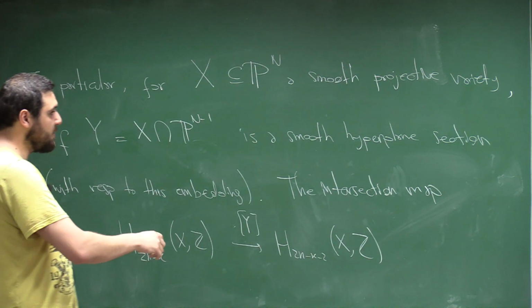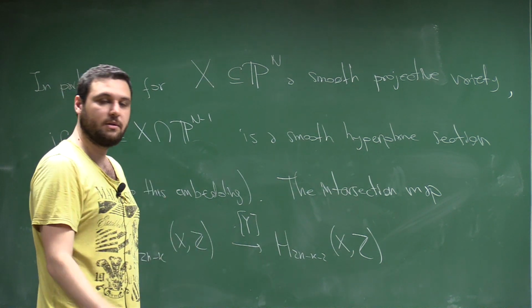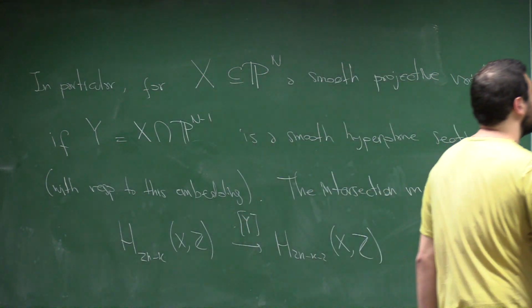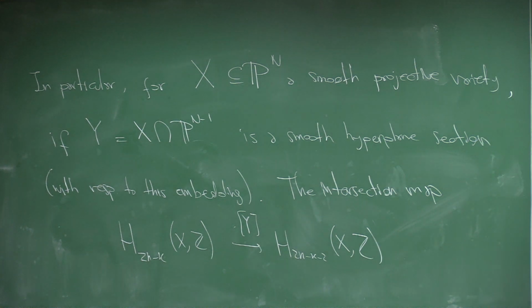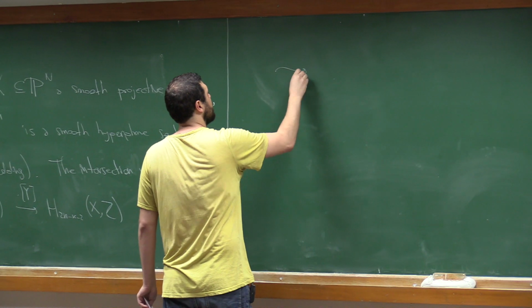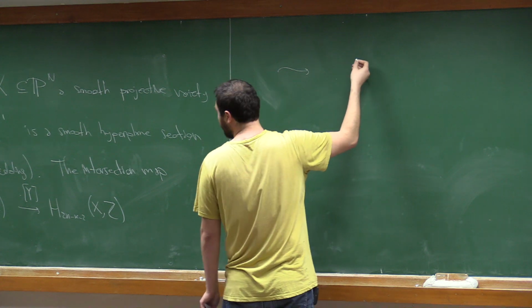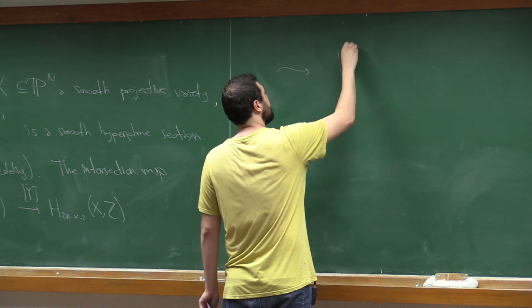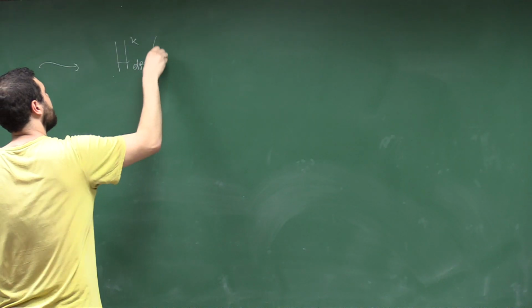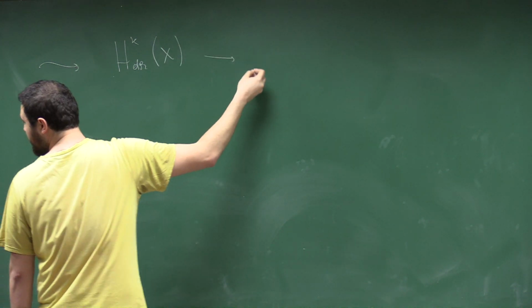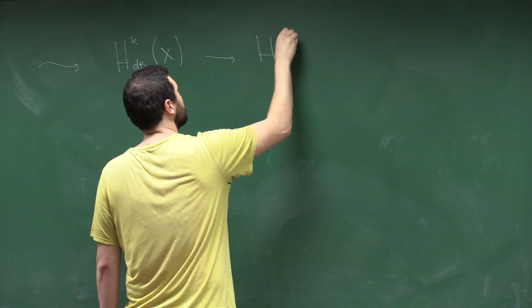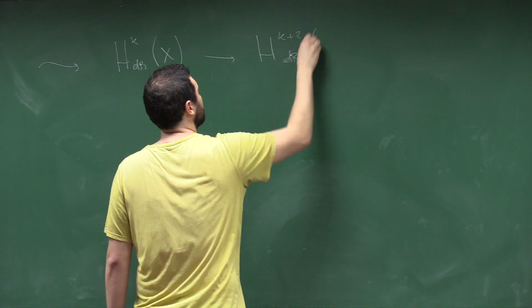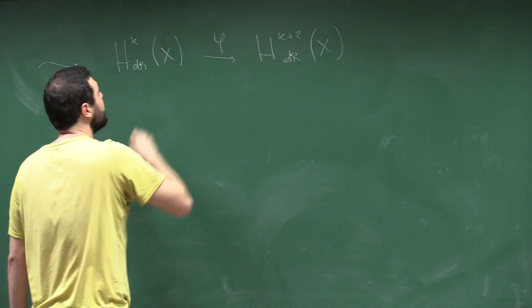This intersection map, what will it induce in de Rham cohomology via this Poincaré–de Rham isomorphism? It induces a map from H^k de Rham of x to H^{k+2} de Rham of x. Let's call it phi.